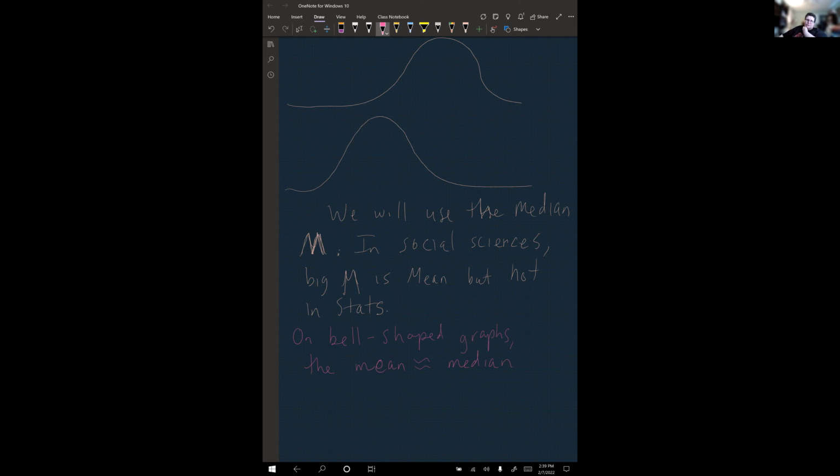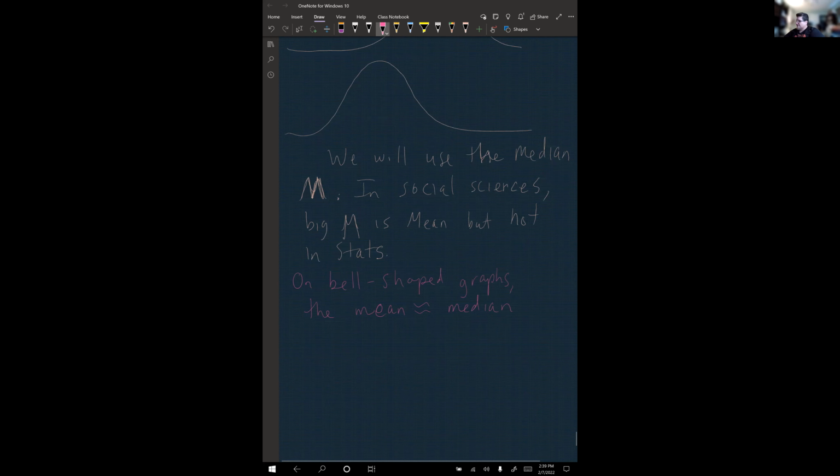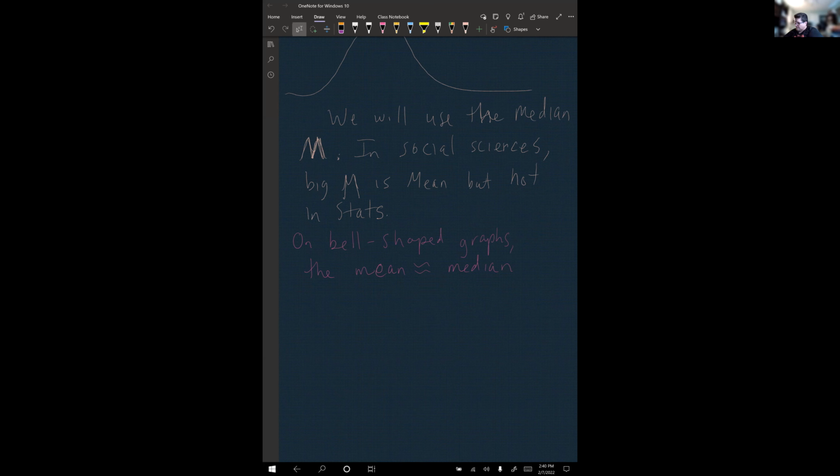They're pretty close in value, so either one technically tends to be good. On skewed graphs, the median is closer to the hump than the mean.